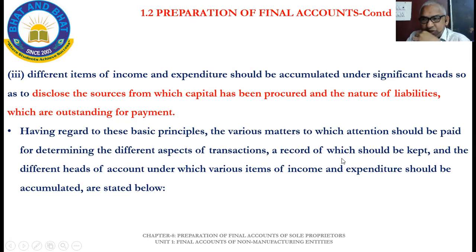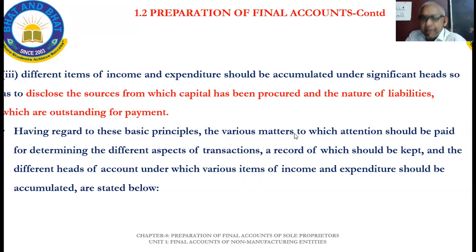Otherwise, if the benefit extends beyond the 12-month period, it will be capitalized. We have studied all this in the lesson on capital expenditure, revenue expenditure, capital receipts and revenue receipts, which is why I recollected it now.